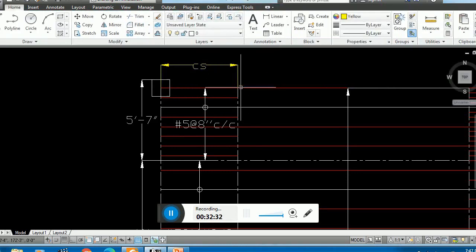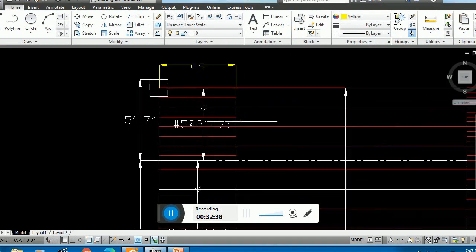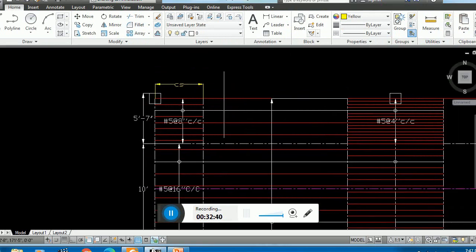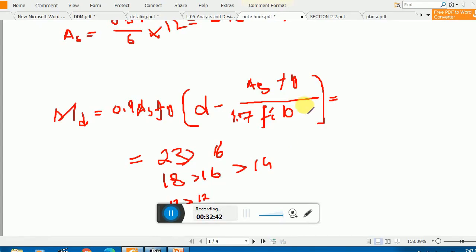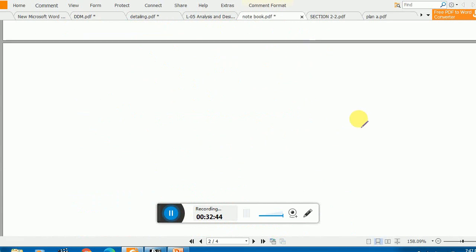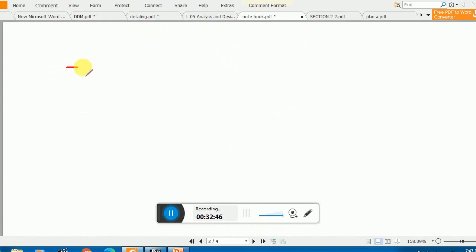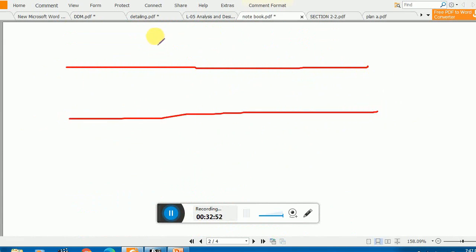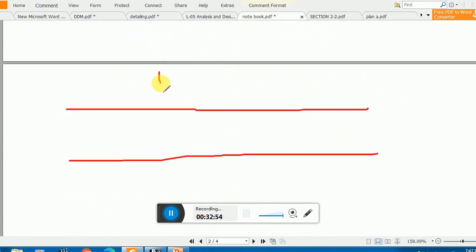Now let me draw the cross section of this bar. Let's say this is my reinforcement detailing, in the east-west direction, as well as the north-south direction.